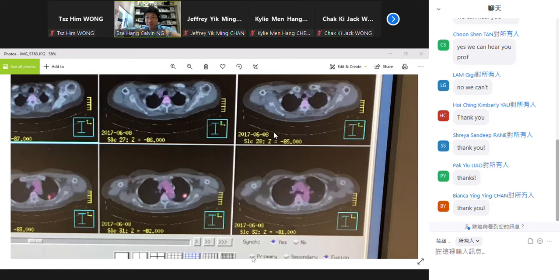Slightly fewer segments on the left side because of the heart. And each lobe has a different number of segments, okay? So the right upper lobe has 3, the right middle lobe has 2, etc. So the smallest lobe is the right middle lobe, okay?